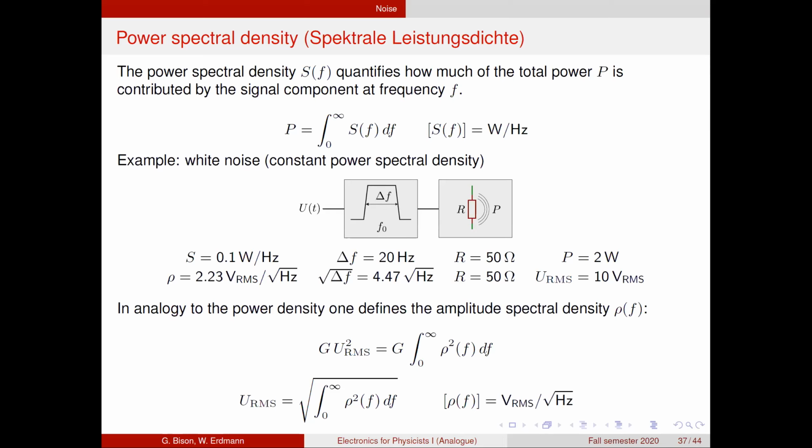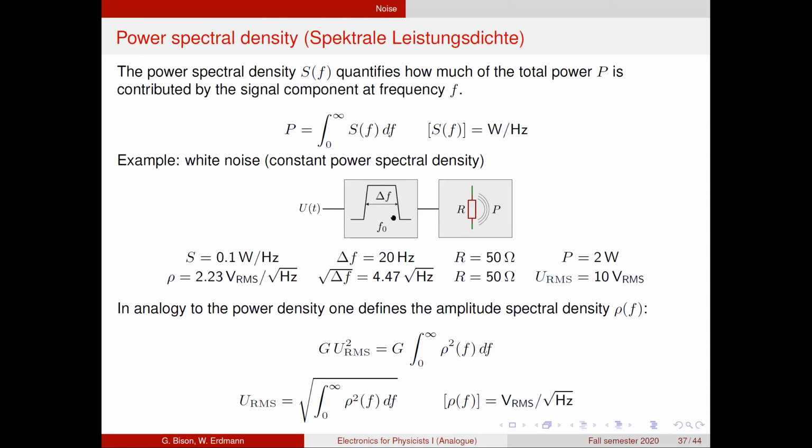Let's take an example with 0.1 watts per hertz spectral density. We choose a filter with 20 hertz bandwidth. And then we use a 50 ohm resistor to convert that to power. And then, of course, we find that 0.1 times 20 equals 2 watts that is transmitted through this filter here.